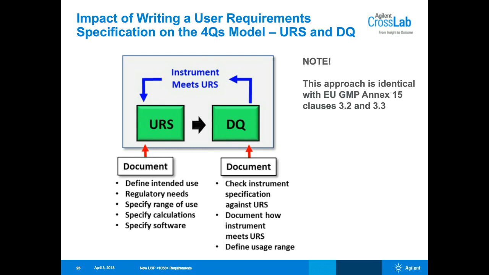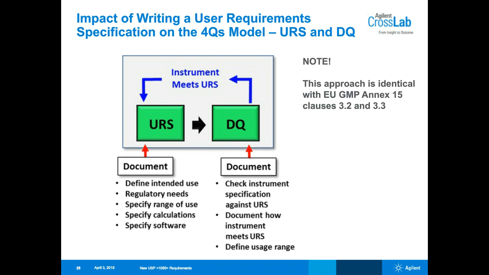Don't forget that a URS is a living document. You can change it. But one of the things that you have to do is document how the instrument meets your user requirements. Now, you may say, well, hang on a sec, that's a bit over the top.